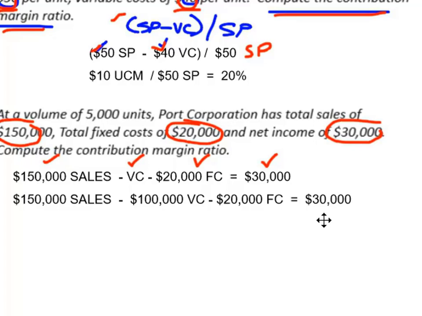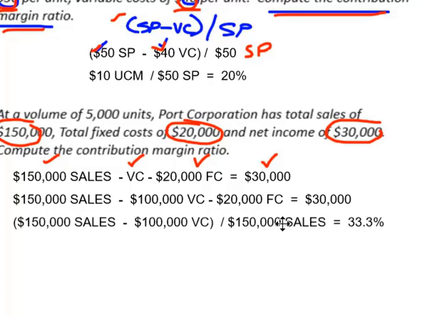So now it's just a matter of calculating a contribution margin and contribution margin ratio. Now the way I do that is I take my total sales and I subtract out my variable costs. That's going to give me my overall contribution margin.